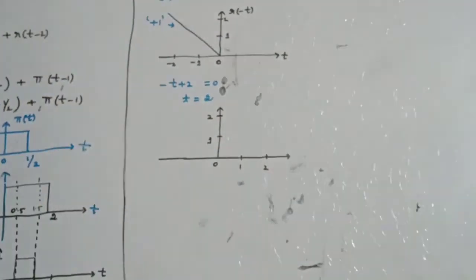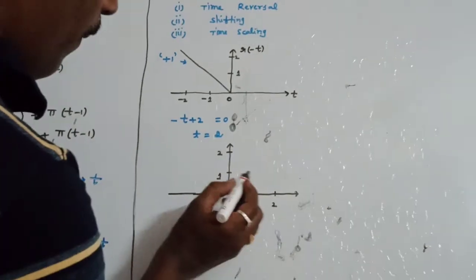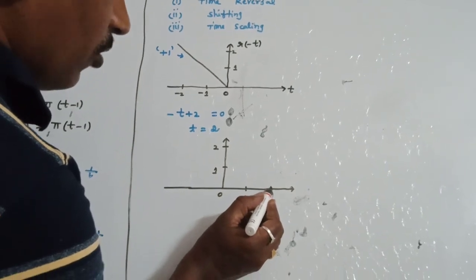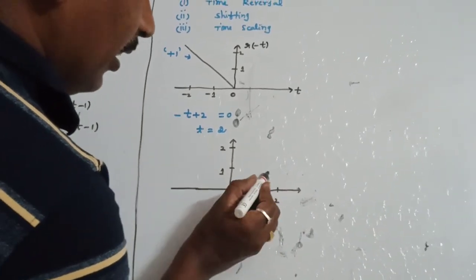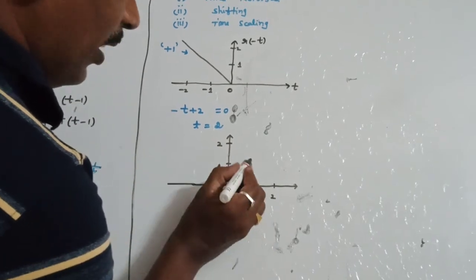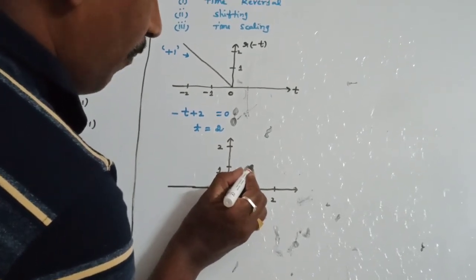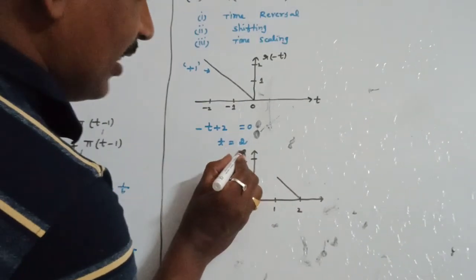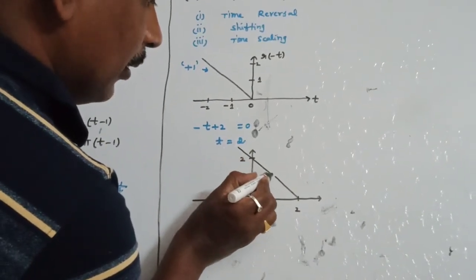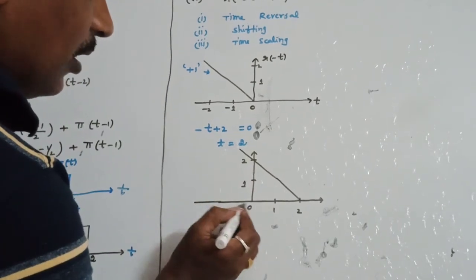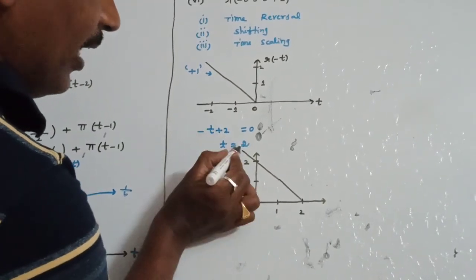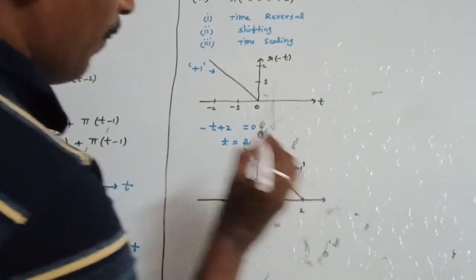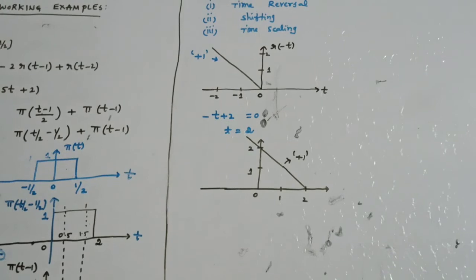The ramp starts at t is equal to 2 towards the left side. From 2 to 1 the amplitude increases by 1 unit, from 1 to 0 it again increases by 1 unit, and like that the slope of this ramp is plus 1. We have to draw the ramp like this.